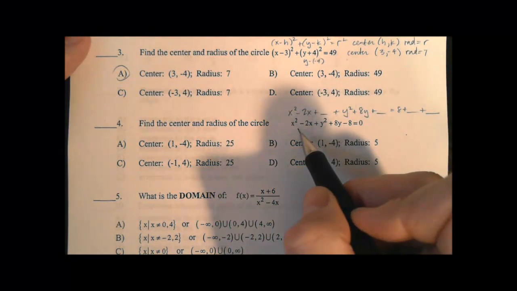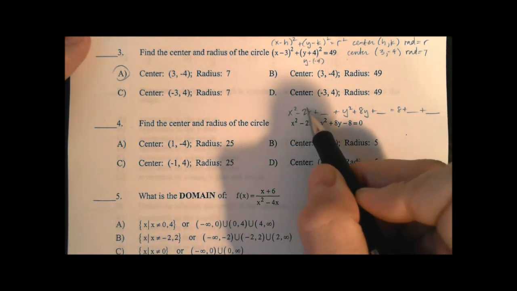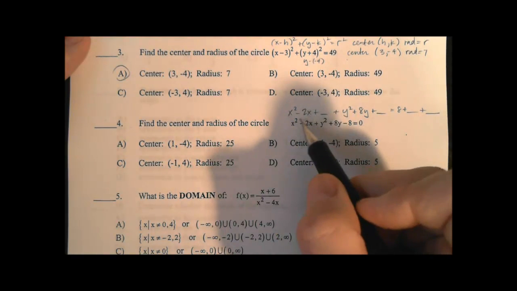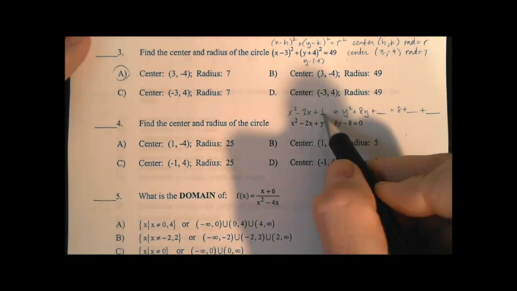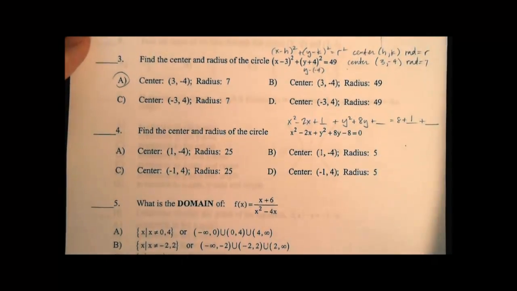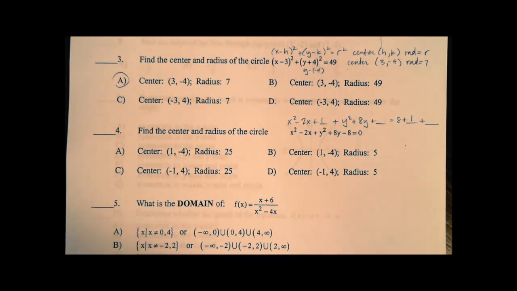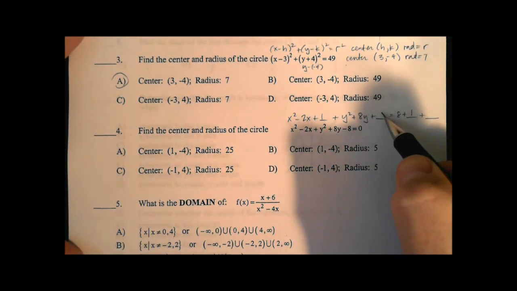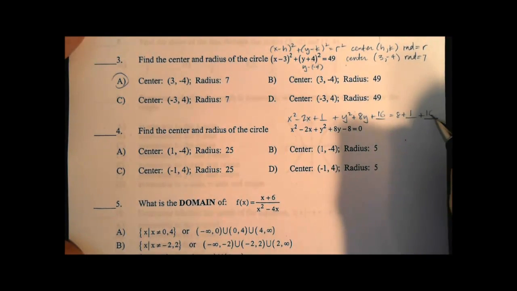We want to complete the square in each of these cases. Half of -2, and this depends upon the leading coefficient being 1. Half of -2 is -1, squared is 1, so we add 1 to both sides. Half of 8y, half of 8 is 4. 4 squared is 16, so we're going to add 16 to both sides.